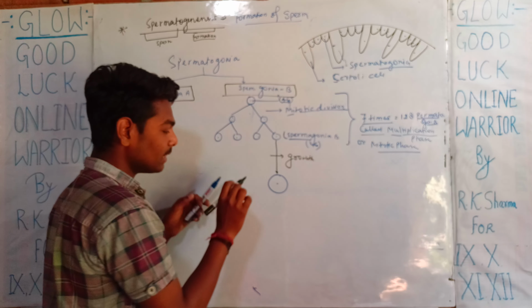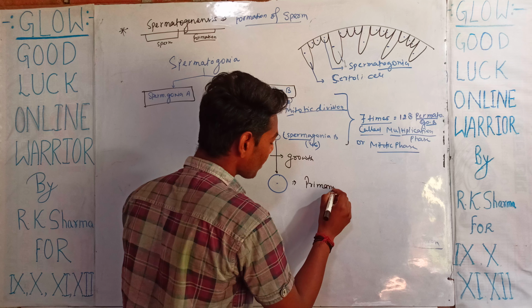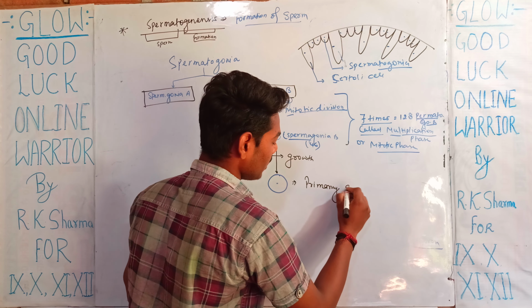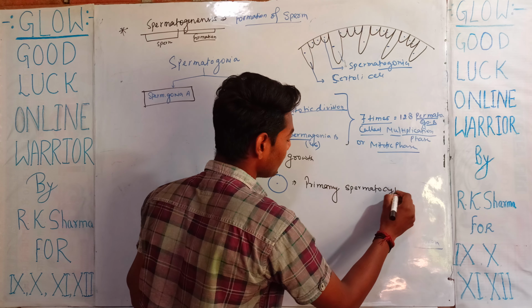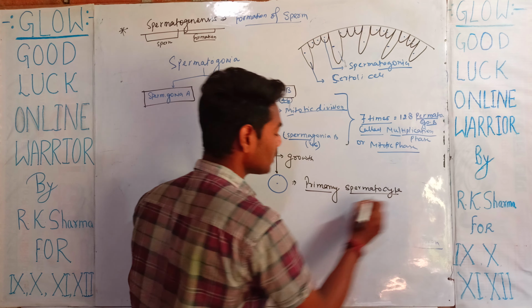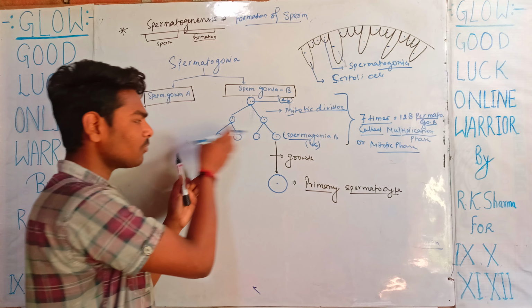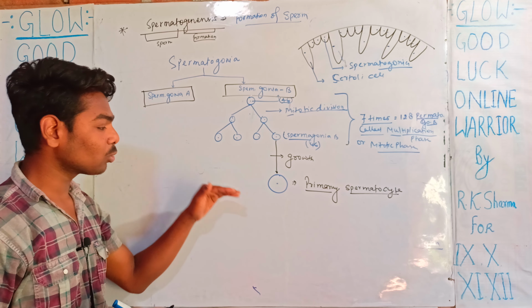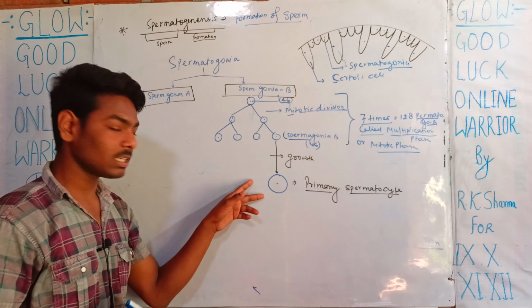This is larger, and this is known as the primary spermatocyte. All 128 of them show growth and form primary spermatocytes and become larger in size.